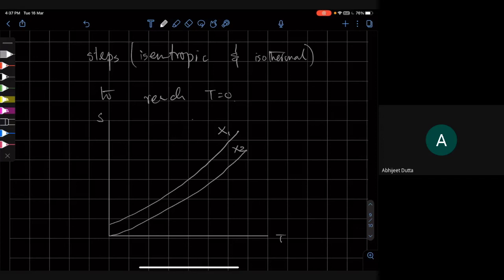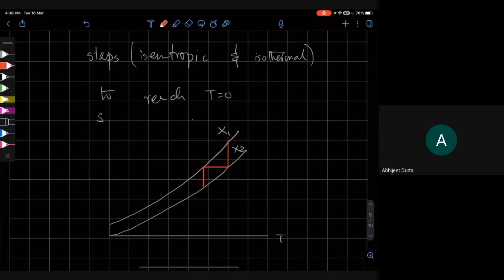The physical process through which we go down to T equals 0 is that we lower the entropy, keep T constant, and then we lower the temperature, keeping S constant.